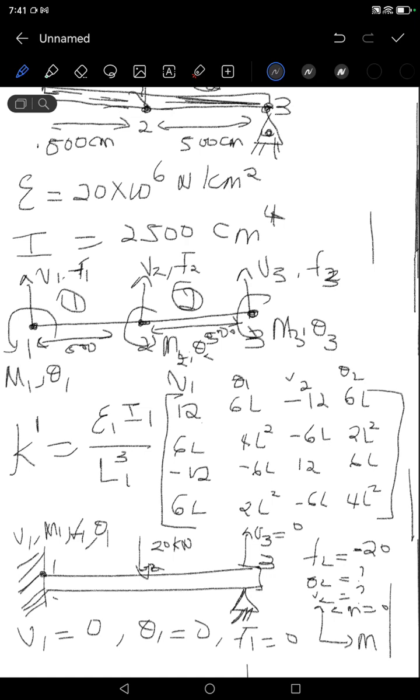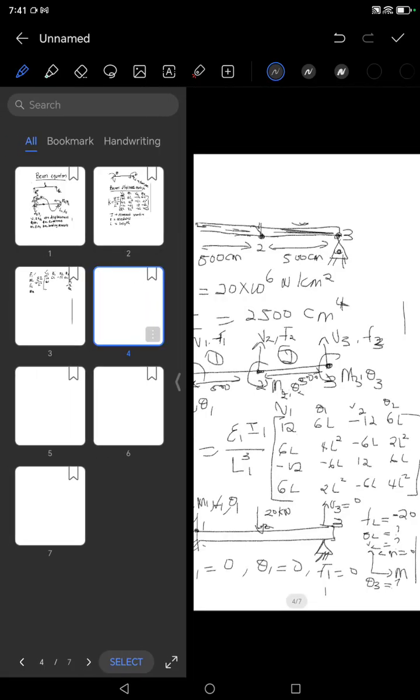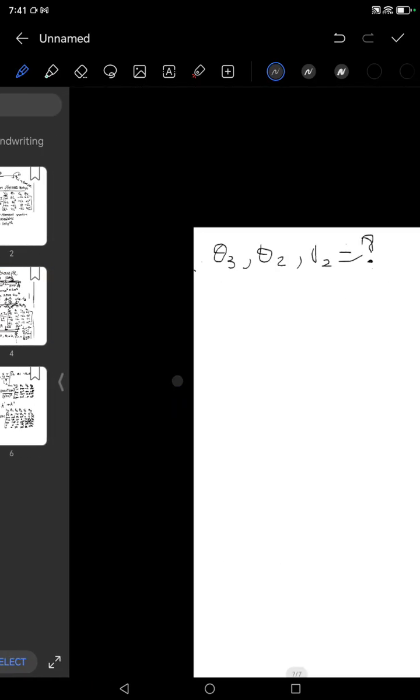And then we're going to have the theta 3. So theta 3 is going to have the value. So we're going to look for theta 2, V2, and theta 3. Okay. So this is what we're going to look for here. We were checking the boundary condition.